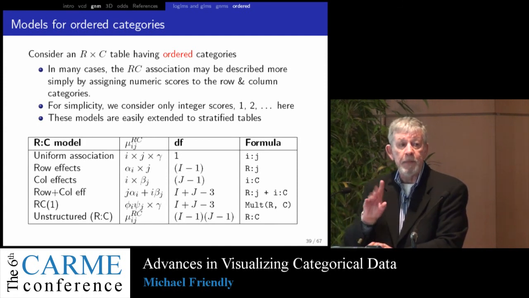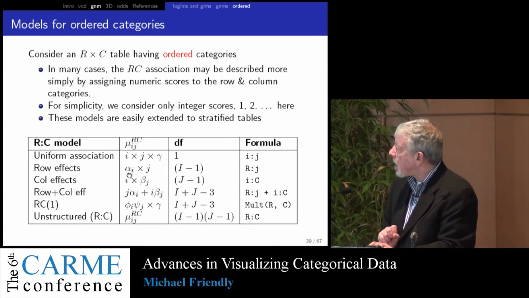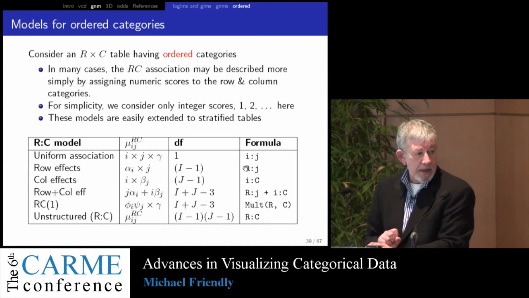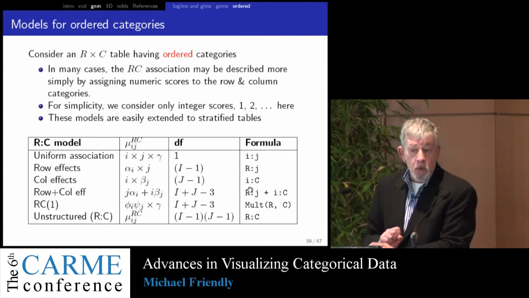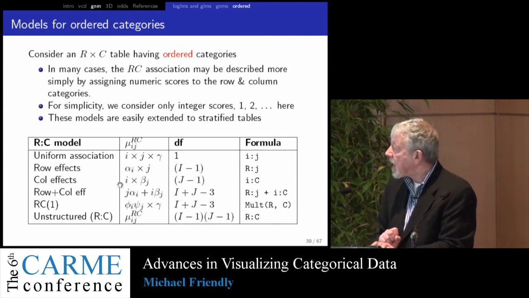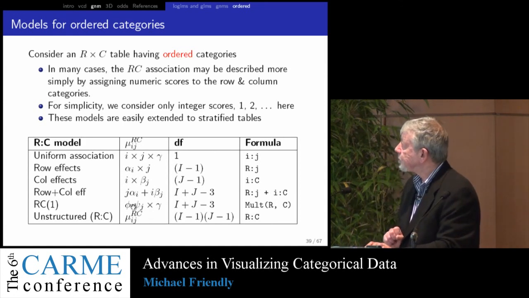And that turns out to be something like an average odds ratio. Between those two extremes, there are models that use integer scores for the columns, but estimate scores for the rows. The reverse situation, or a model that uses scores for both the rows and the columns, but estimates row and column effects. And the RC model is in here. So this is like a one-dimensional correspondence analysis.